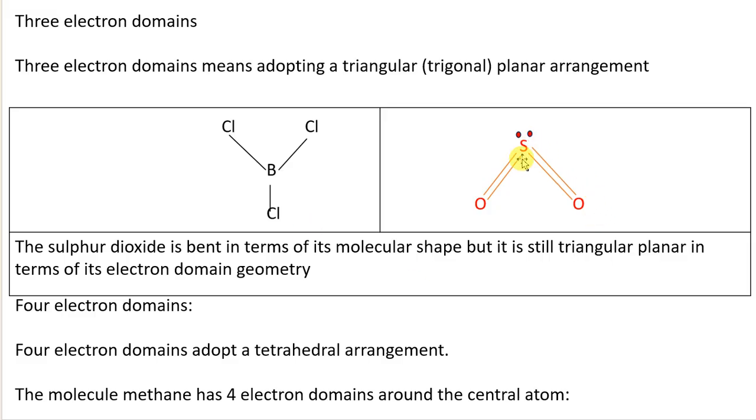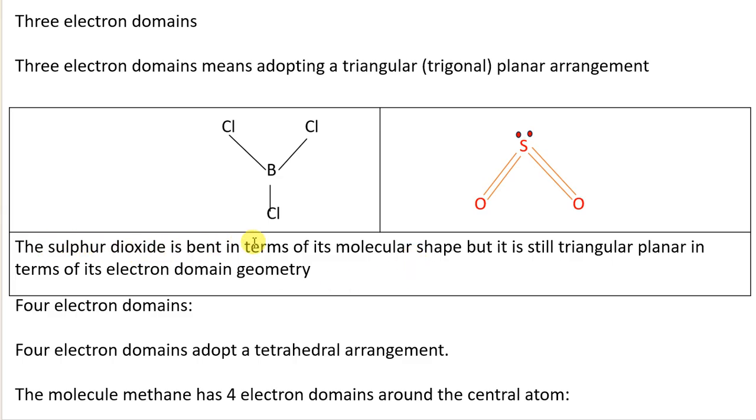I also see it with SO2. You might remember we described the shape of SO2 as V-shaped or bent. In terms of electron domains, we don't care that there's a non-bonded pair of electrons there. We'll still regard it as triangular planar, trigonal planar.